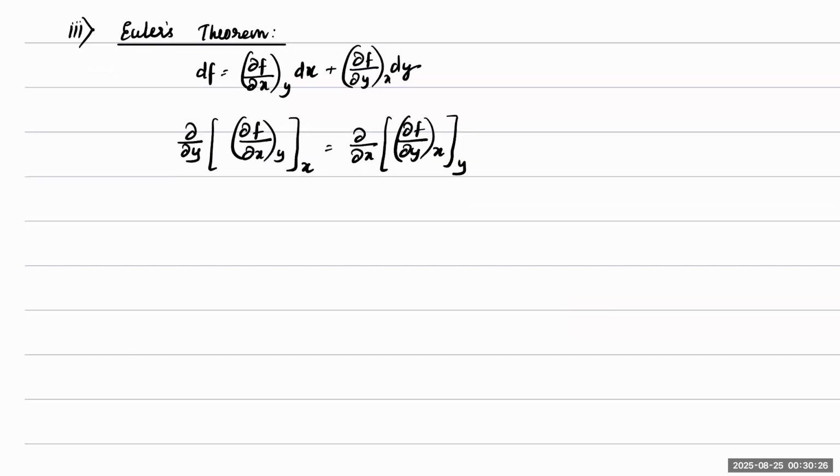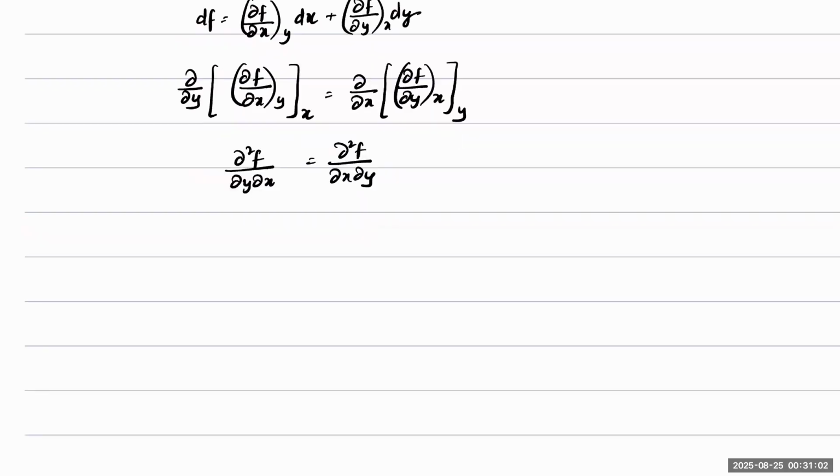Okay, so in short, in double differential form, dou square f by dou y dou x is equal to dou square f by dou x dou y. Correct? And actually, this is what you learn in calculus. Both of them mean the same thing. Whether you first differentiate with respect to x and then with respect to y, or first with respect to y and then with respect to x, it does not make any difference. You should get the same value.